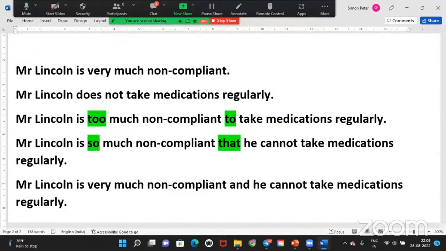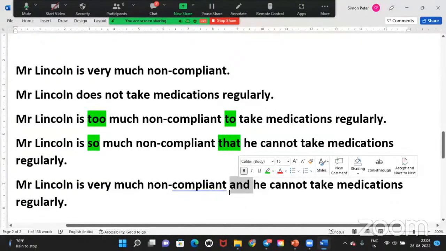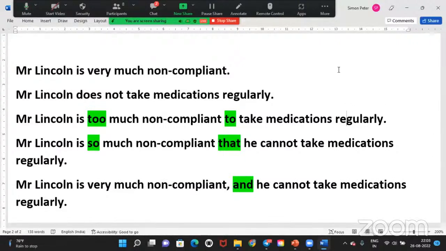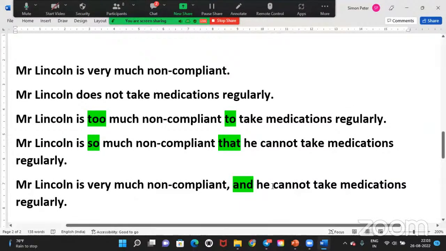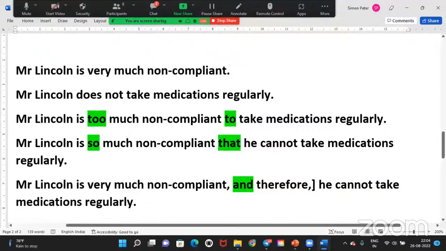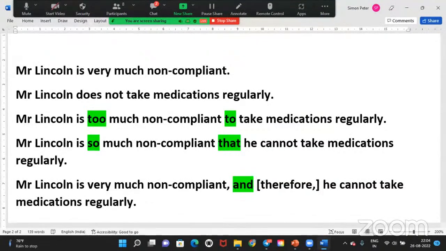So, these are three different ways of writing, just using and. Mr. Lincoln is very much non-compliant and he cannot take medications regularly. Okay, and therefore you can put here if you want. Therefore means equal to so.